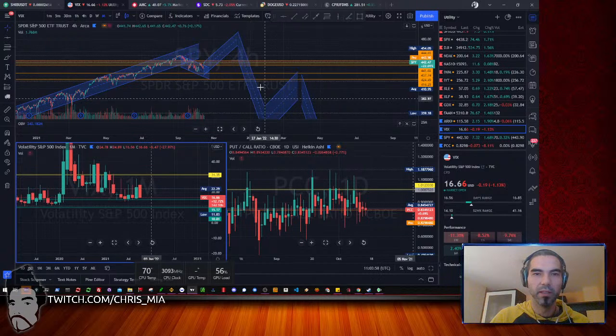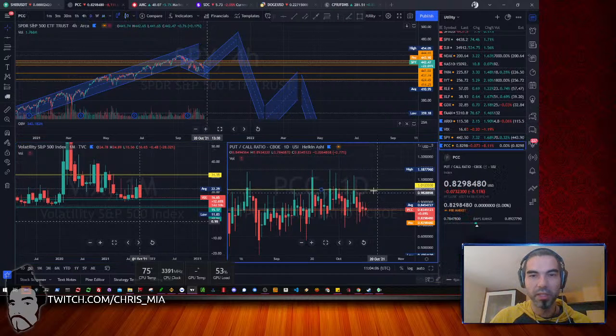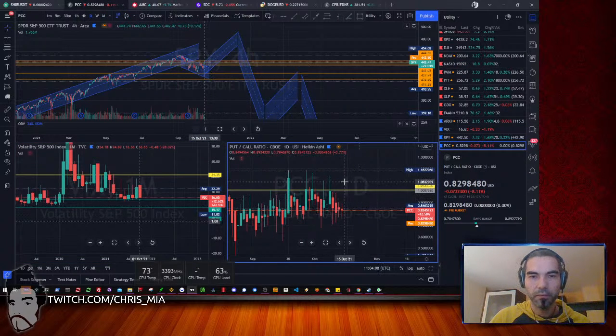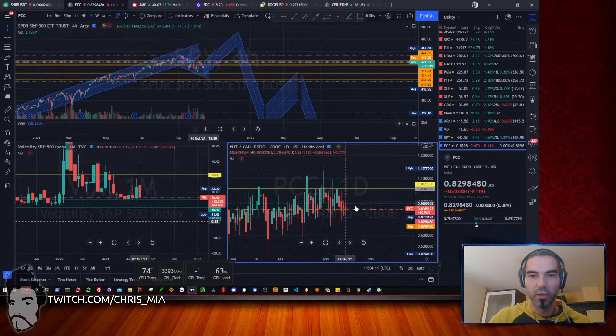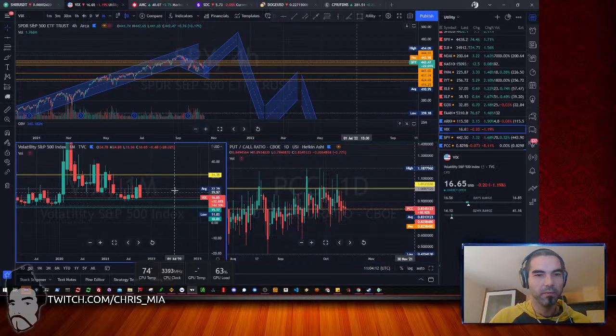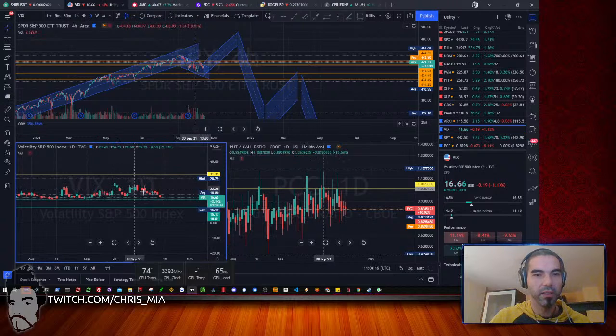This would break our 30. This downward trend should break our 30 on the VIX. It should also break our 1 on the call and put ratio. We are on a cool down now for our put call. It looks like we're also on a cool down for our VIX as well.